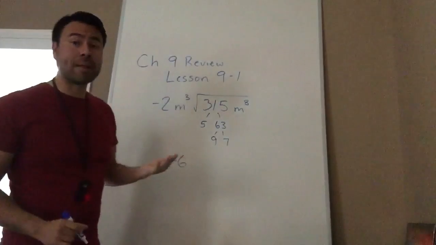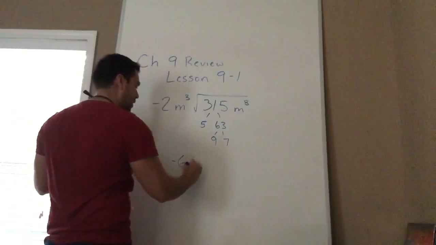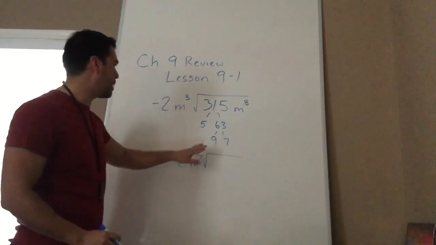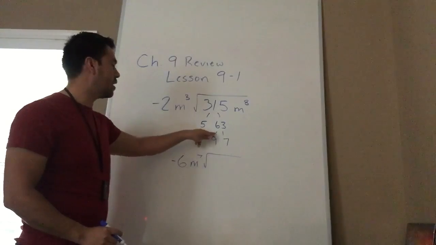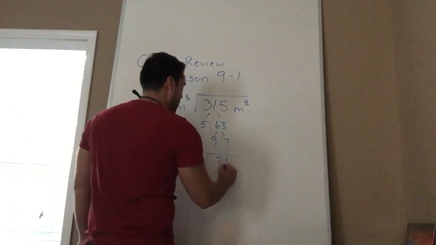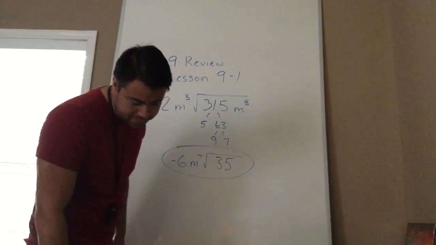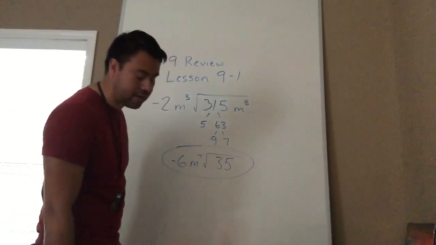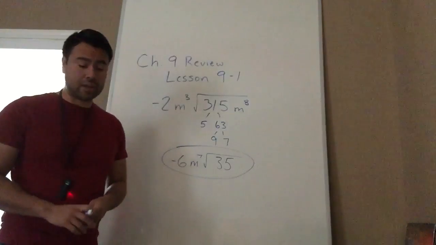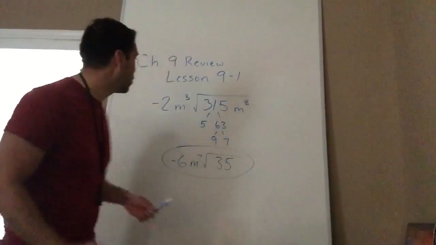So I have 4 pairs that come out, and with the 3 that were already there, m to the 7th. Was anything left behind? Yes, this 9 came out, but I was still left with 35. So I have that left in the radical. So negative 6m to the 7th times the square root of 35. That would be my final answer. So that's what you're going to be doing with lesson 9-1.